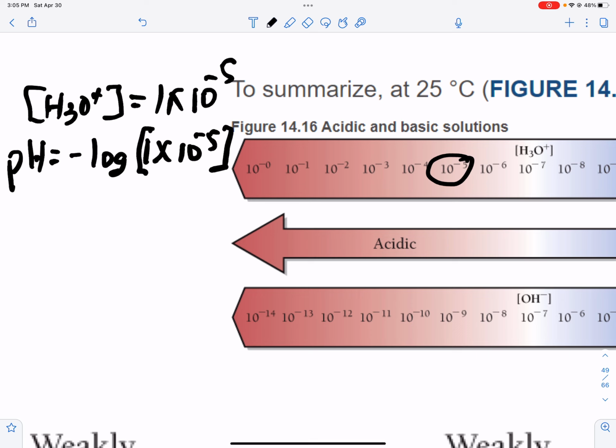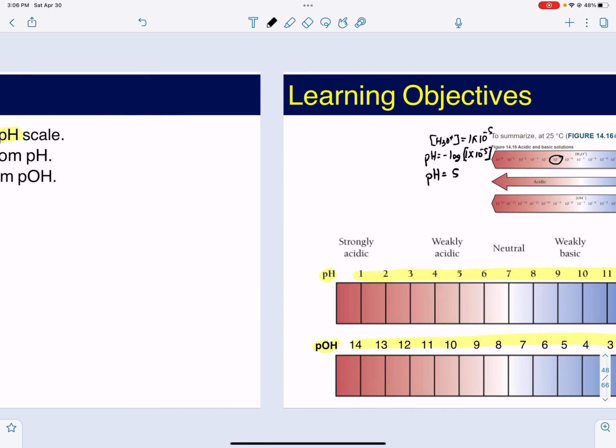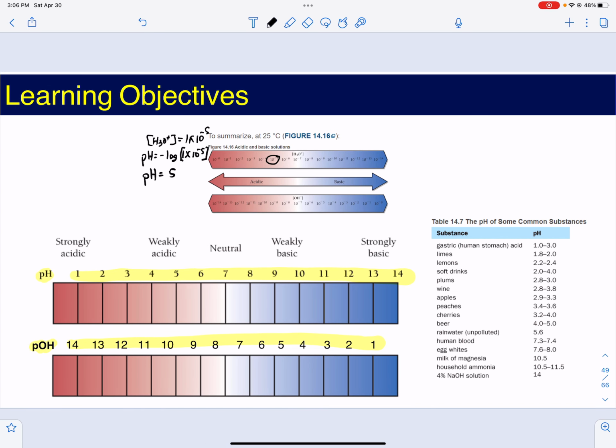And when we put that on the calculator, it tells us that the pH equals 5. So we're going to take that power number, use the P function or the minus log, and come up with a scale that just goes from 1 through 14.